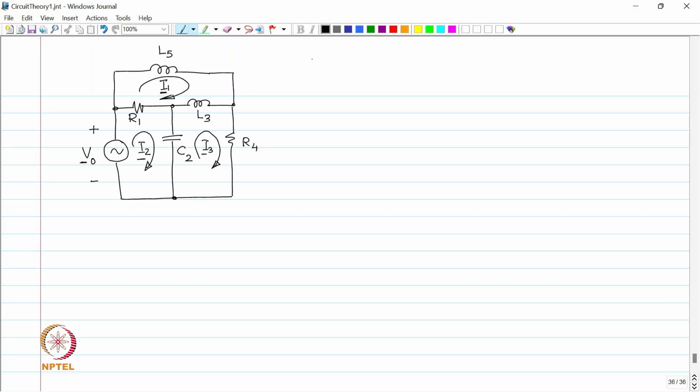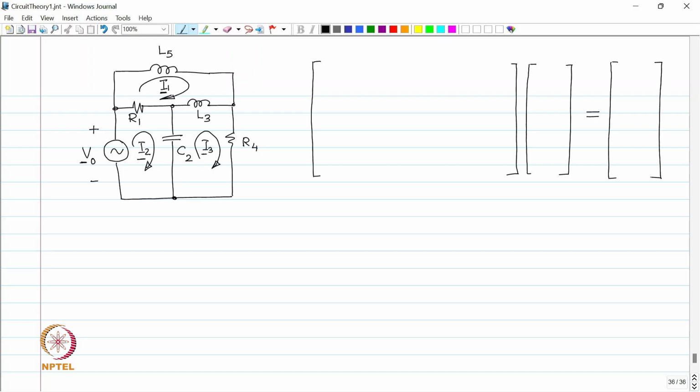And the way we write our mesh method equations, we are going to get 3 equations for the 3 currents, and whenever we have 3 equations, we write them in the form of a matrix. And let us fill up this vector first. This vector will have I 1, I 2 and I 3. Is this okay? So far so good?